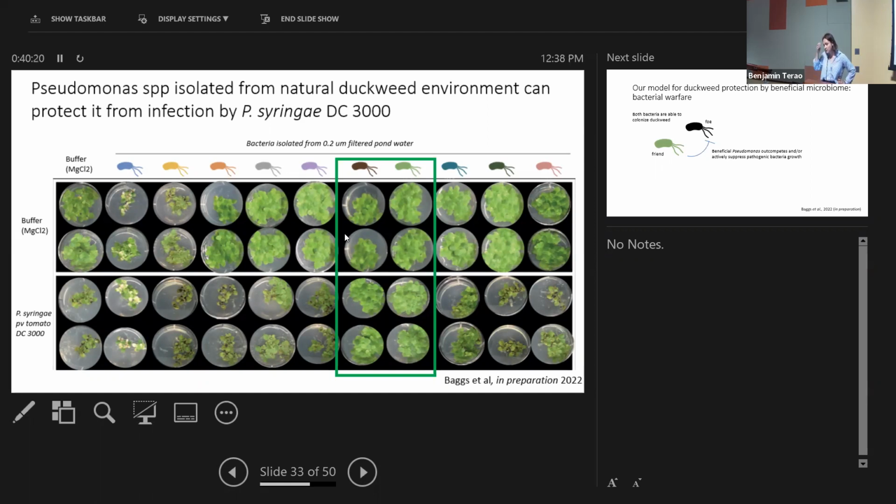And there's more data that we have currently that points out that there's actually direct interaction between these 2 Pseudomonas, and the environmental strain can directly suppress the growth of the Pseudomonas syringae in vitro when they're co-cultured together in the test tube. Whether it's a contact dependent or independent phenomenon, we don't know.